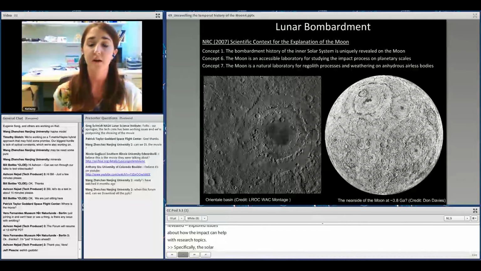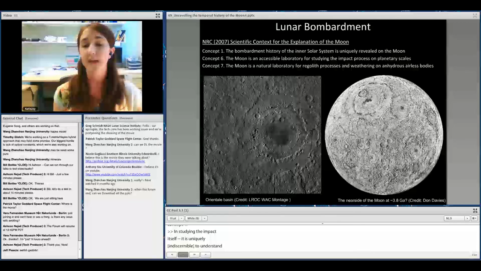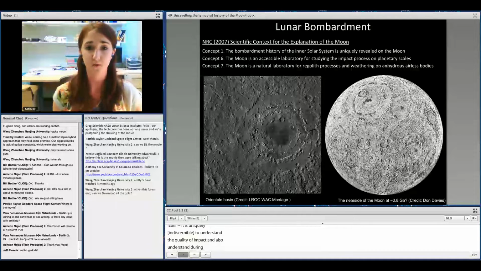Understanding the impact cratering process itself is uniquely displayed on the moon to understand the morphology of impact craters, and also understanding regolith processes and weathering on airless bodies. And there are several key NLSI centres that are concentrating on these different research topics through groups such as the base LPI and SWIRI, and also the Brown Institute as well, and other NLSI projects.